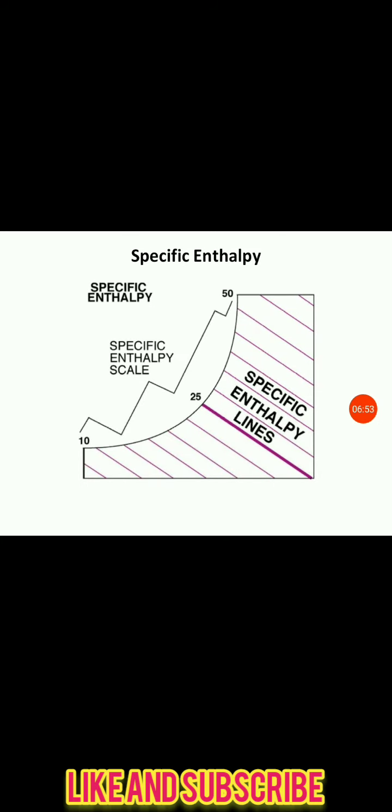Then next is the specific enthalpy. As you already derived in earlier lectures that we have studied, we know about the specific enthalpy. Here we can see a specific enthalpy scale. It starts from 10 up to 50.